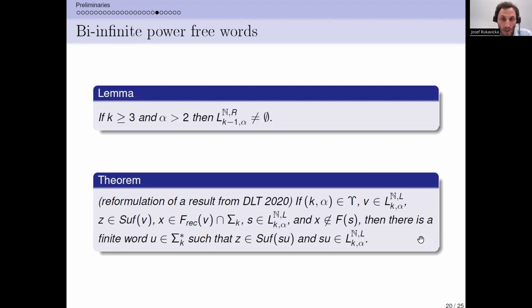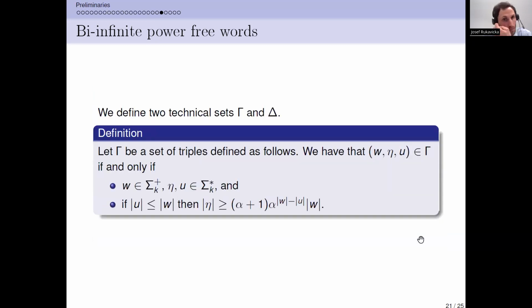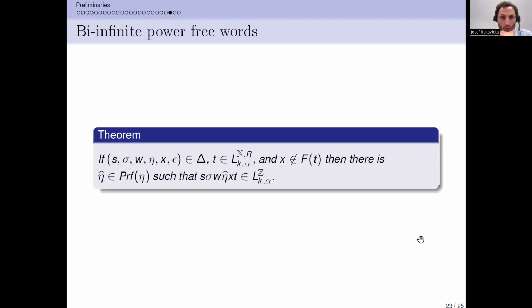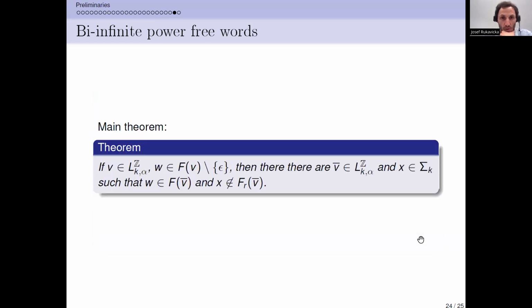Here is basically what I just said, but using a lot of notation. I'm just realizing I did not define many of the concepts. For example, suf is the set of suffixes, f is the set of factors, with the index rec it is the recurrent factors, but I think it's too technical, so I just skip it. I will not bother you with these technical details.